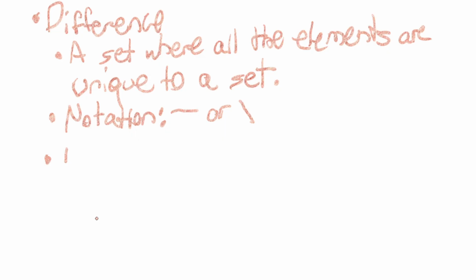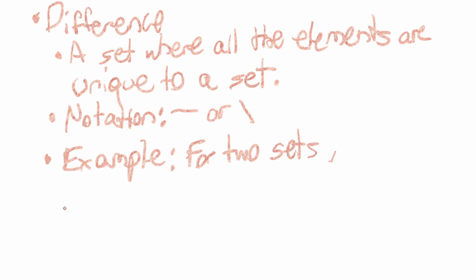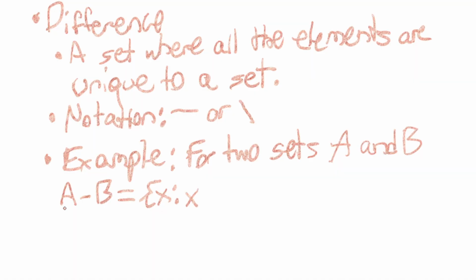So an example for two sets A and B, the difference of A and B is a set of X where X is an element of A and X is not an element of B. Let me try to rewrite that.